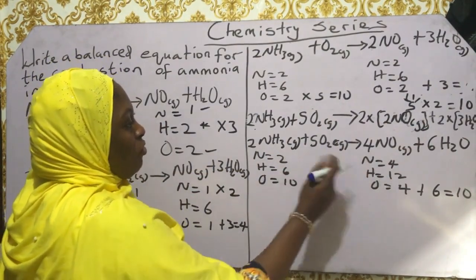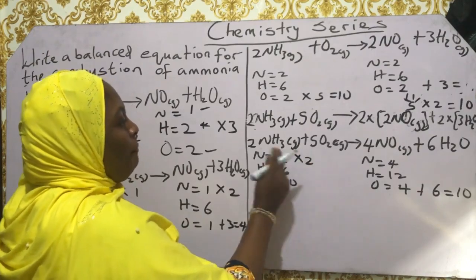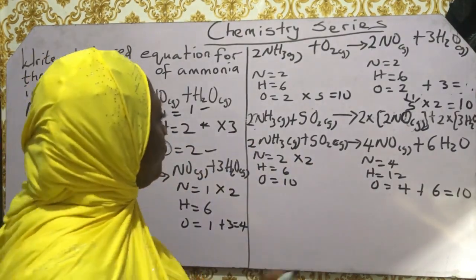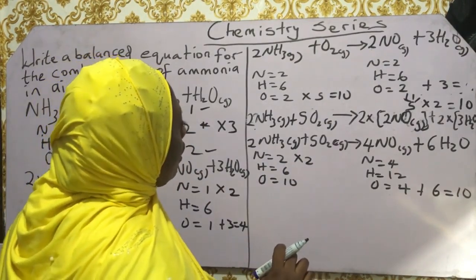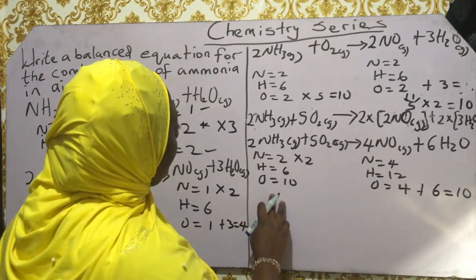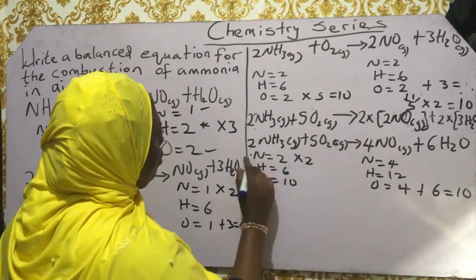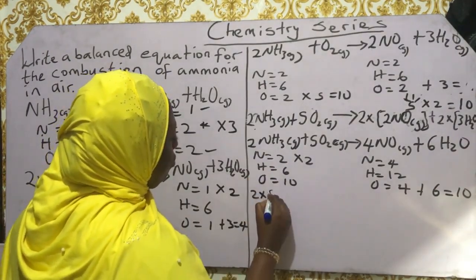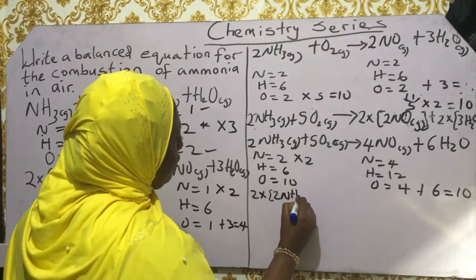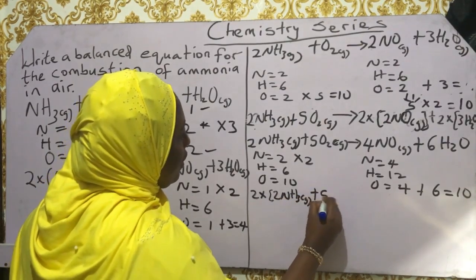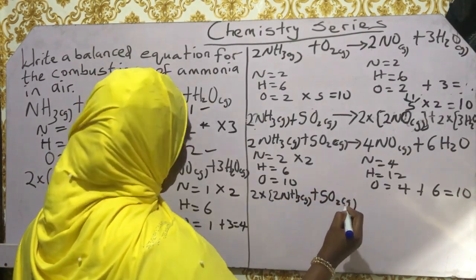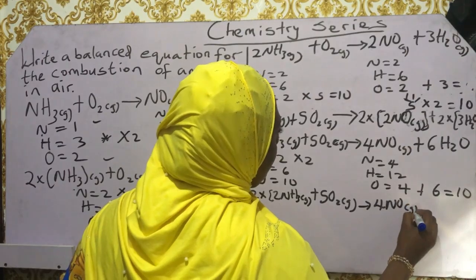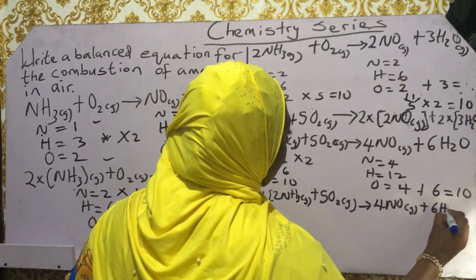How can I make 2 equal to 4? I can simply say times 2. Meaning anywhere I have hydrogen here, I'm going to multiply it by 2. Okay, let's write: 2 times, remember the coefficient is 2NH3, plus 5O2 to give 4NO plus 6H2O.